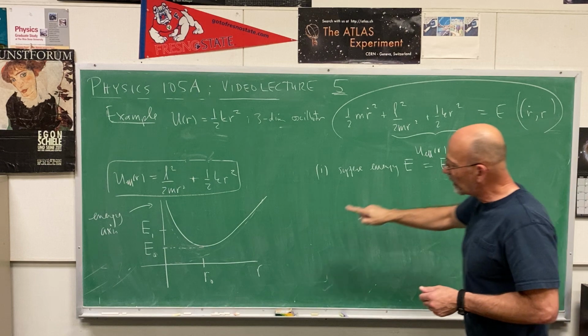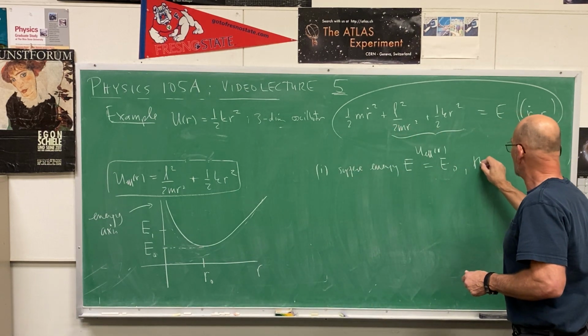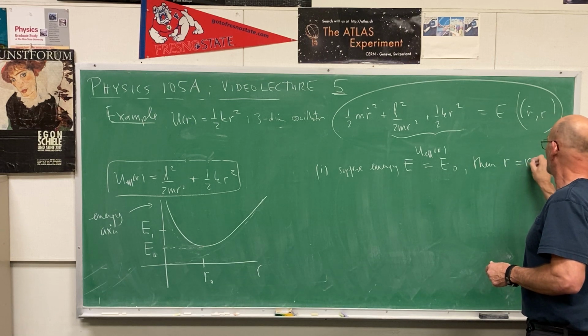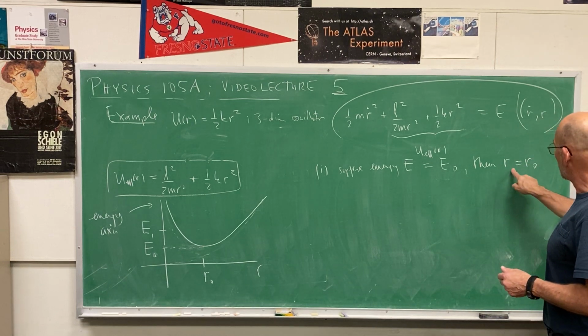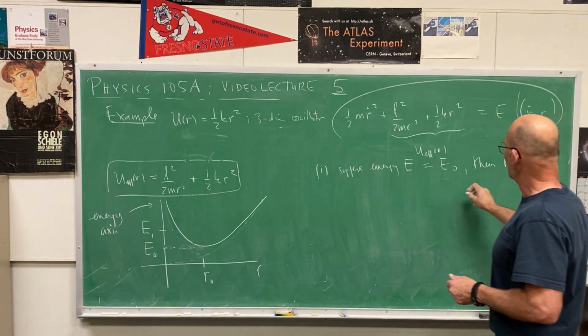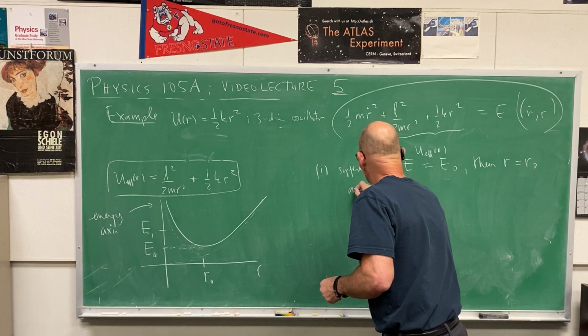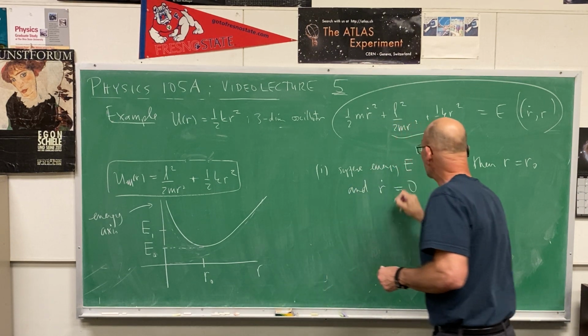Then we know that R must be R0, and that's the only value R can take on. R must be equal to R0 because we're at that minimum. And R dot must be equal to 0.